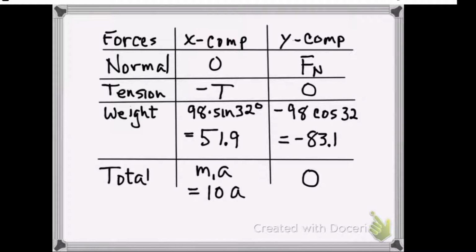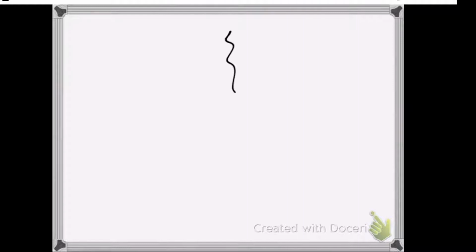So now let's put all this together, and we're going to add up each column. Let's go to the next slide, and we're going to look at what happens in the x direction, and what happens in the y direction.